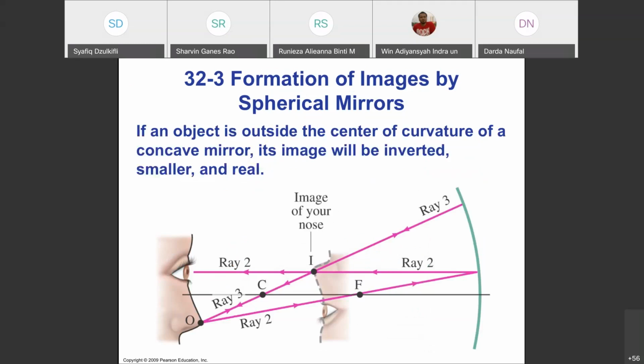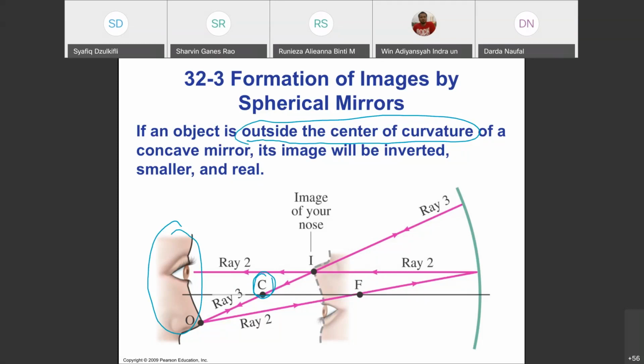Okay, let's see this one. If an object is outside the center of curvature of the concave mirror, its image will be inverted, smaller, and real. You can see a clear inverted image of your face when you are beyond C. You are here, bigger than C, outside the center of curvature.